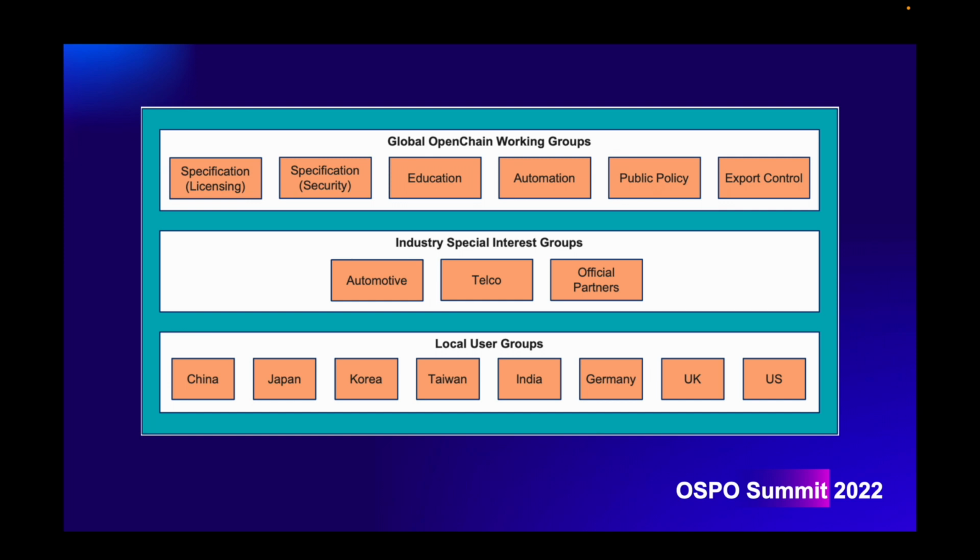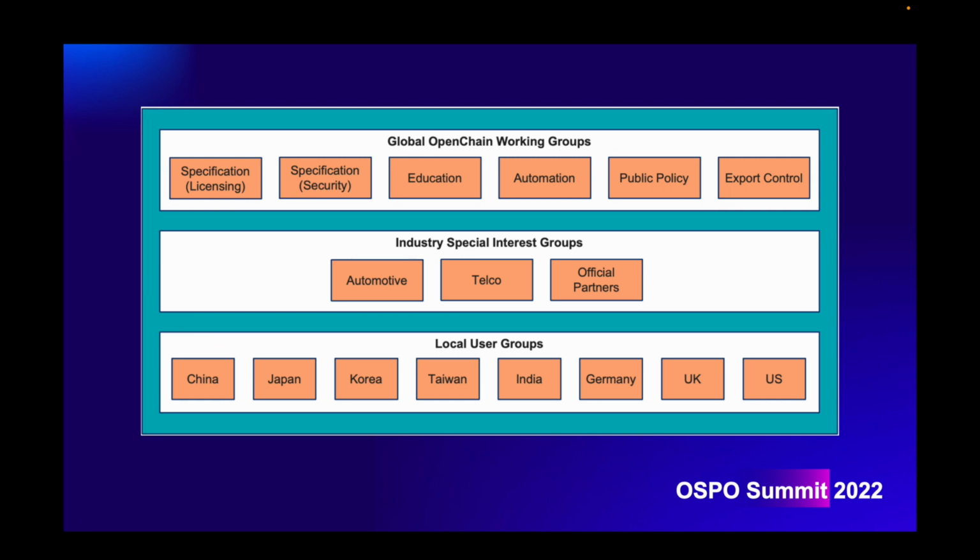And recently, we have started work groups for public policy and export control discussions. All of this is focused on trusted supply chains and types of compliance, but it provides a wide range of ways to look at these challenges and how open source software addresses these challenges. We have industry special interest groups in areas like automotive and telco and our official partner program.